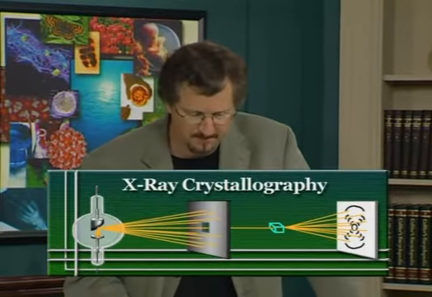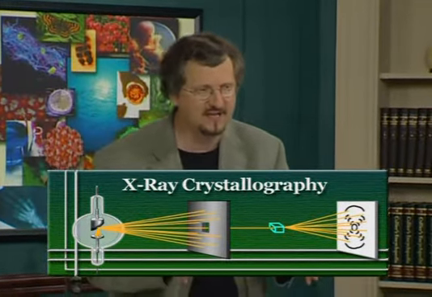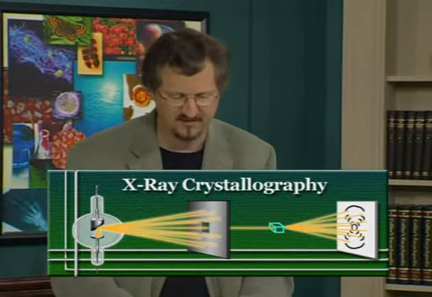So what kind of evidence could you use to deduce the three-dimensional structure of DNA? Well, the first kind of evidence came from a procedure known as X-ray crystallography. The positions of atoms in a crystalline structure can be inferred from the pattern that they create when you shoot a beam of X-rays through that substance.